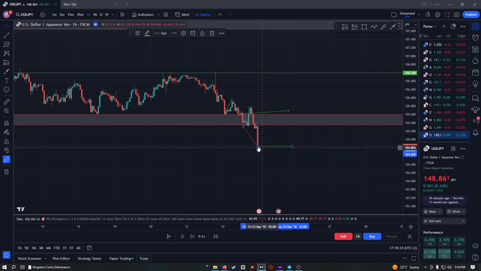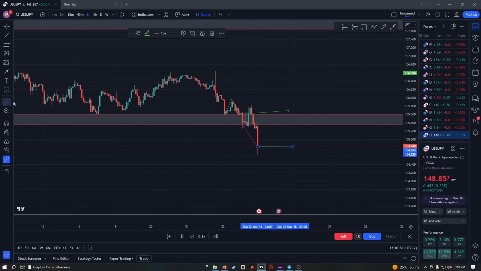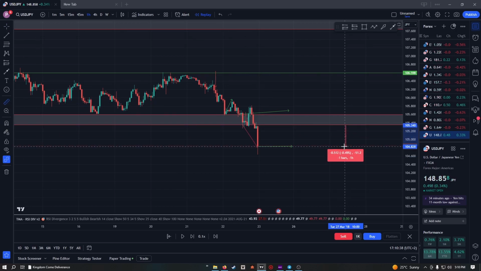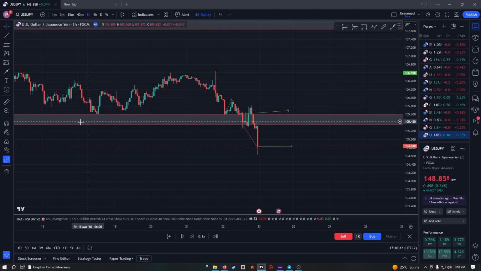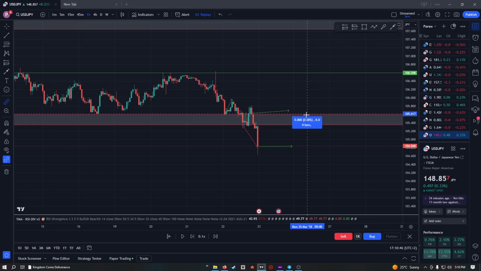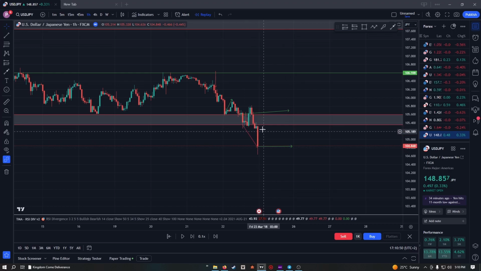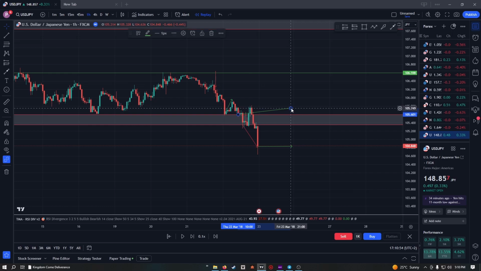So I sold right there. That's 40. That's what? That's 41. It's around 50 pips, right? 50 pips, and we have 50, a little bit more. We have 75 pips, but remember that we got this 50 pips. So instead of losing 75 pips, we are losing around 25 pips, right?